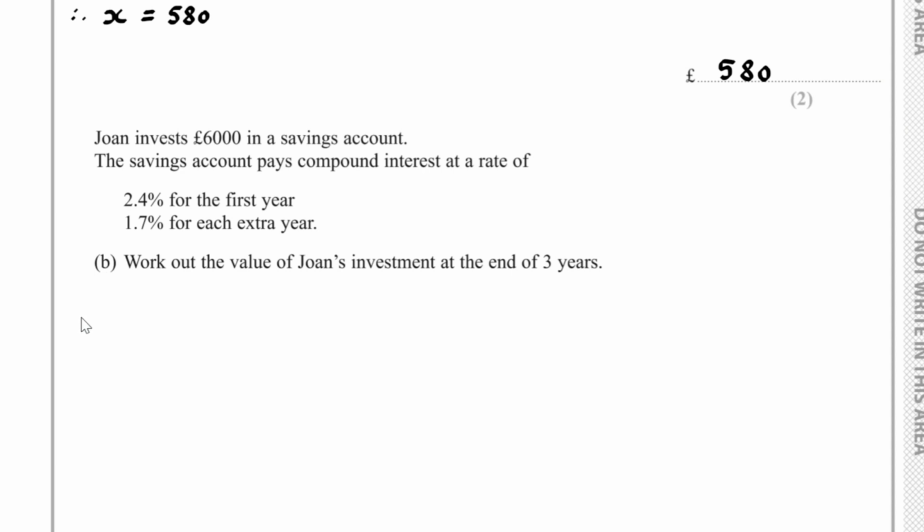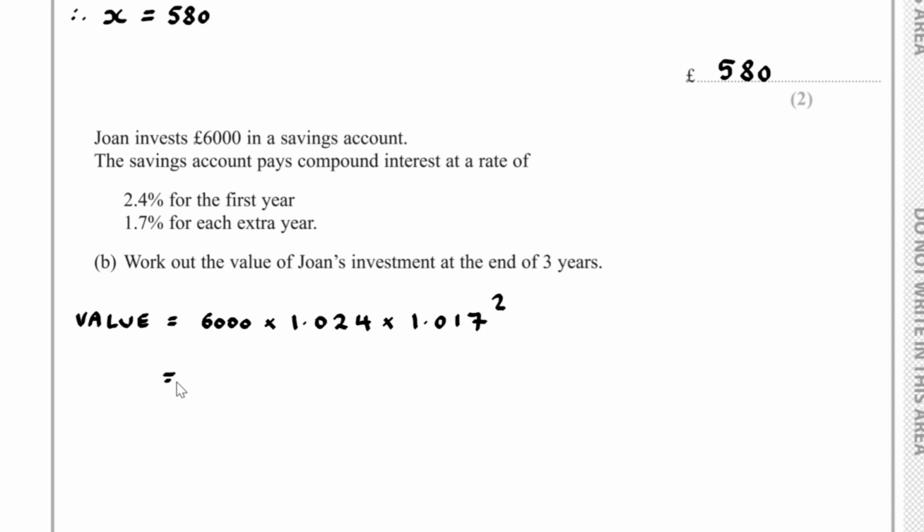So the value after 3 years, well, we've got 6,000, and then in the first year we've got 2.4%, so that as a multiplier is 1.024, and then we've got 1.7% for each extra year. So here we have 1.017, and then we square this because we've got another 2 years.